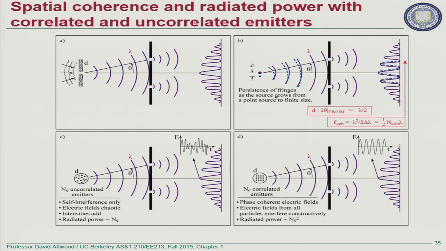But if you have correlated emitters, then you will see that in time the electric field at a certain point is actually going to be periodic. With uncorrelated emitters, the power is going to scale with the number of emitters, but with correlated emitters, it's going to scale with the square of the number of emitters, because now the electric fields add together in phase, and then you square it.